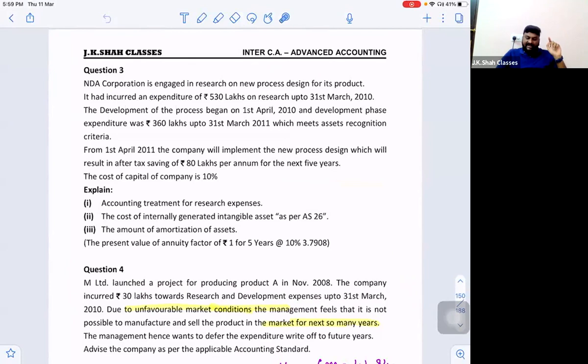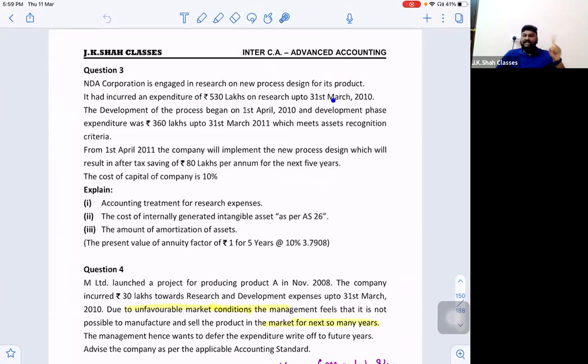NDA Corporation is engaged in research on a new process design for its product. It had incurred expenditure of 530 lakhs on research up to 31st March 2010. So technically, the entire research cost of 530 lakhs will be written off in the profit and loss account as on 31st March 2010 itself.